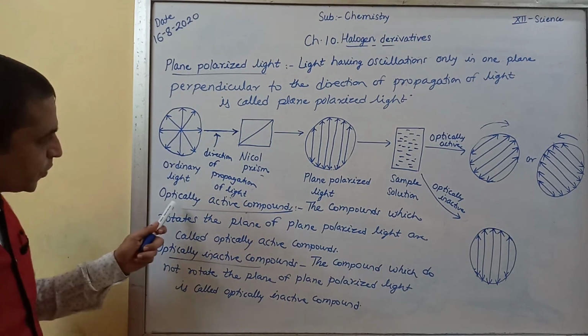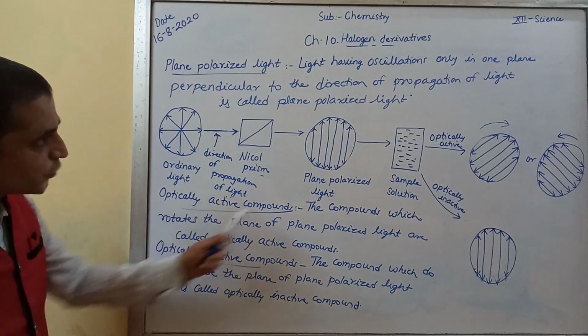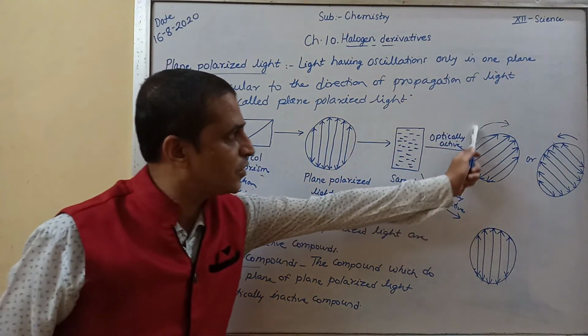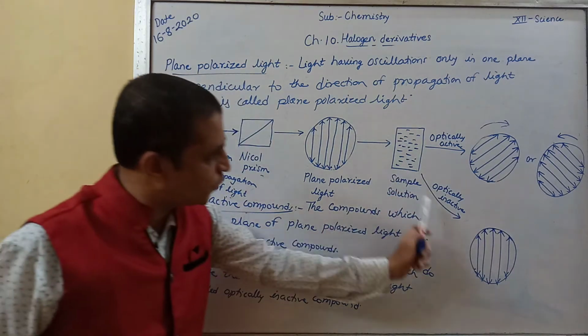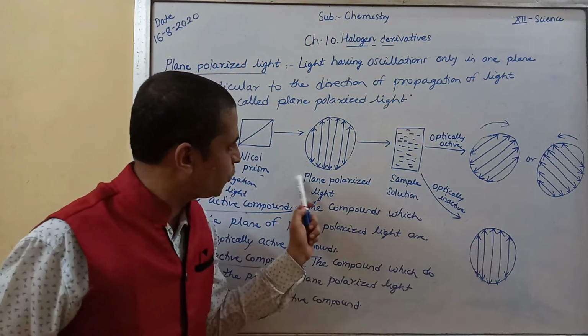Now you understood optically active compound. An optically active compound rotates the plane of plane polarized light in this manner, it may be clockwise or it may be anti-clockwise. But if the compound is optically inactive, there is no change in the plane of plane polarized light.